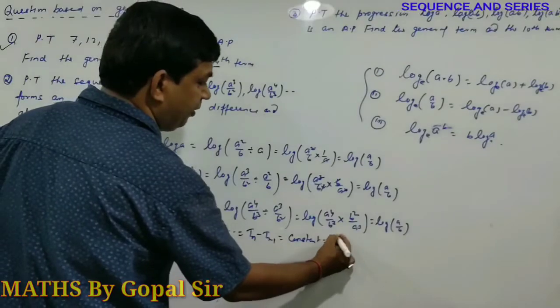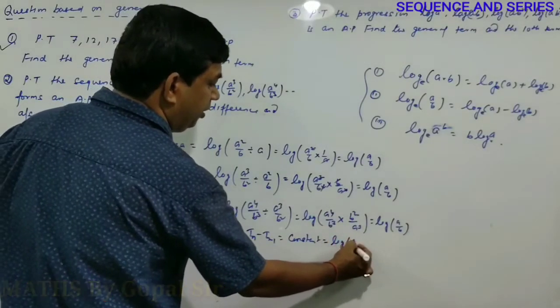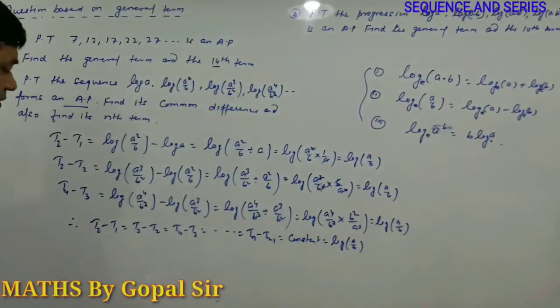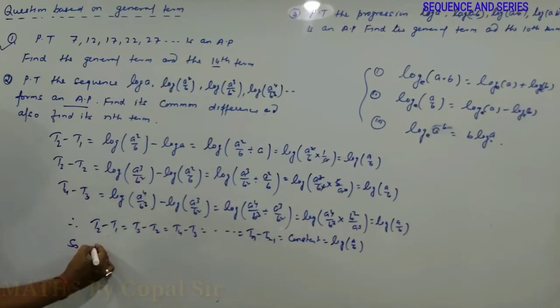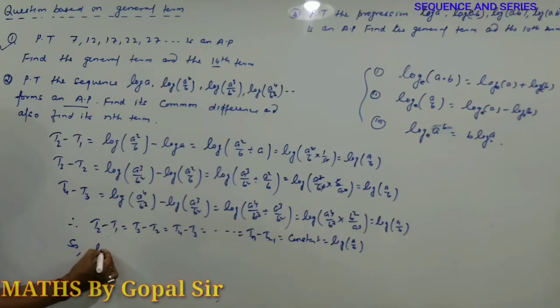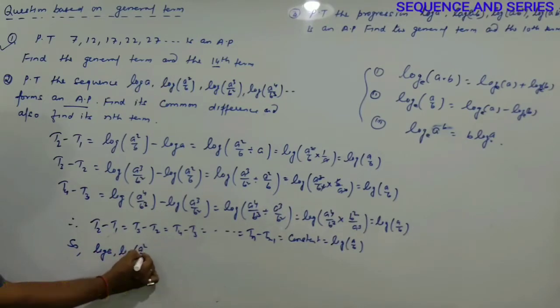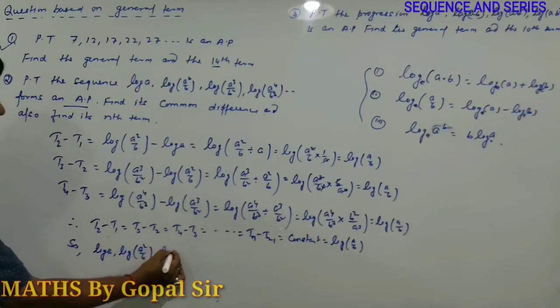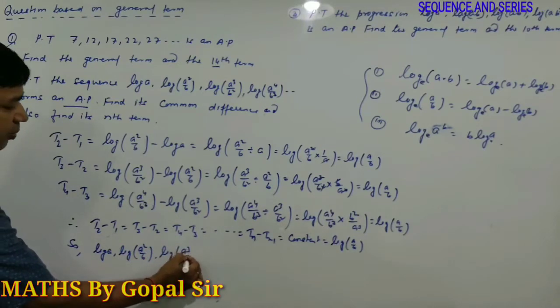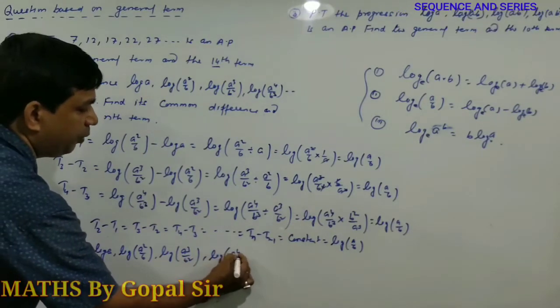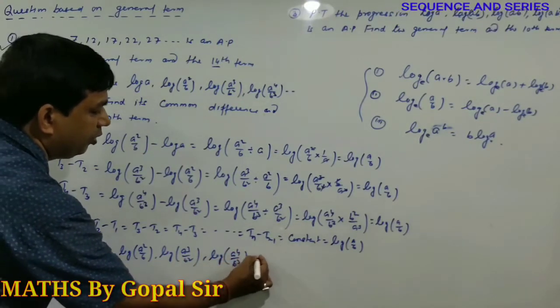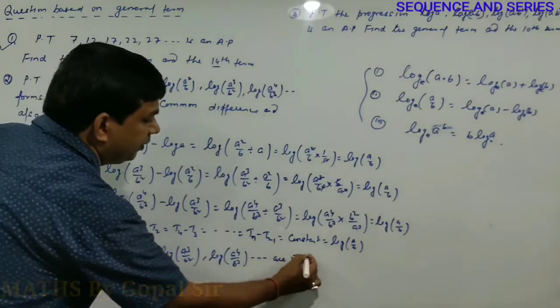And that constant is given by log a by b. So the required sequence log a², log a³/b², log a⁴/b³ is in AP.